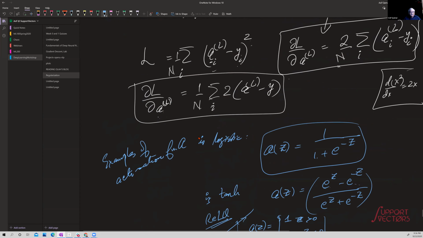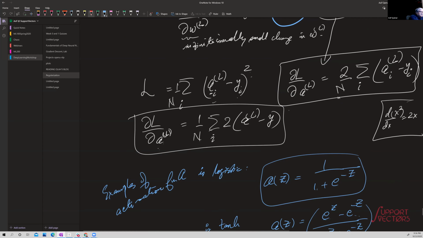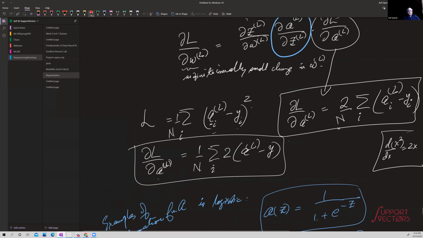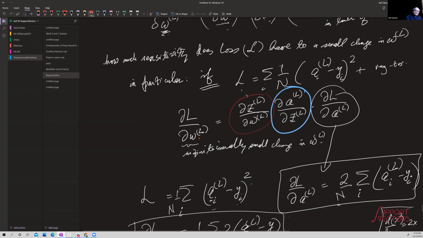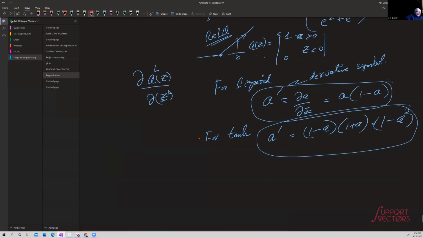Then comes the last part, which I will take another color to do. What about this part? Well, it turns out that this is the easiest part because Z of L, if you remember, is the bias term or W naught term of the L, plus the activation of the previous layer times the weight in this layer.